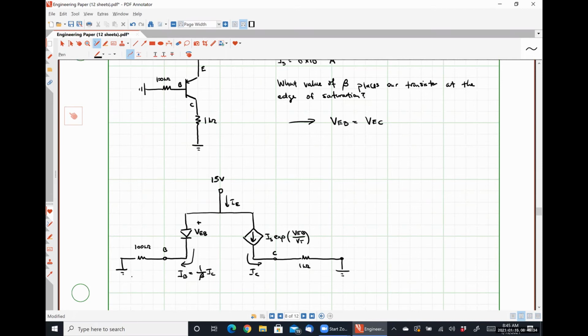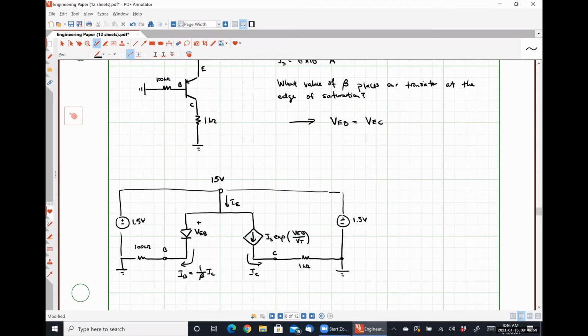Another way to look at this: between my emitter and this ground is like me having a 1.5 volt source, and I could do the same thing over here.